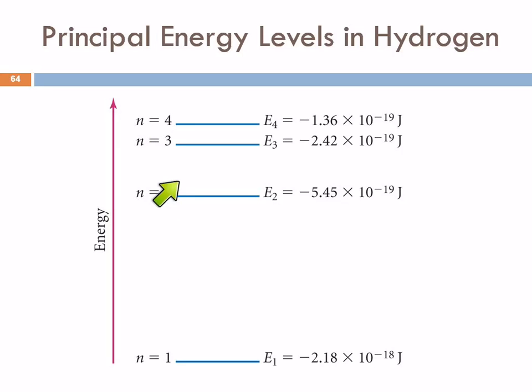And what they're saying here is this difference between level 1 and 2 is larger than the difference between 2 and 3. The difference between 3 and 4 is smaller. And as you keep going up, the energy level rises, but the difference gets smaller. And that's because of that 1 over n squared term.